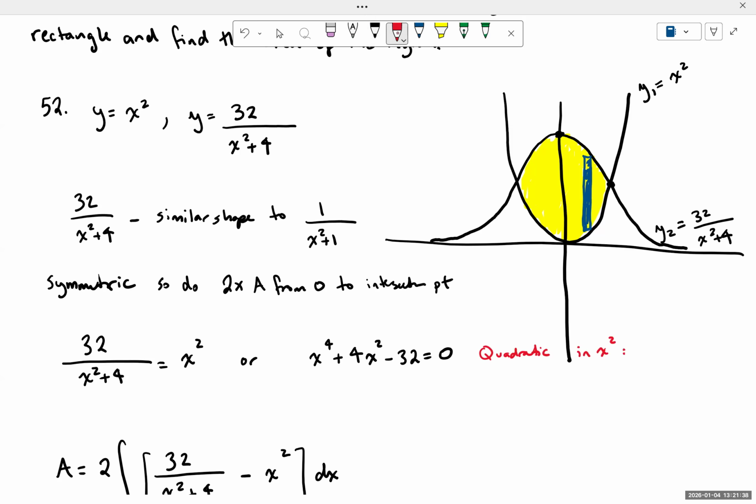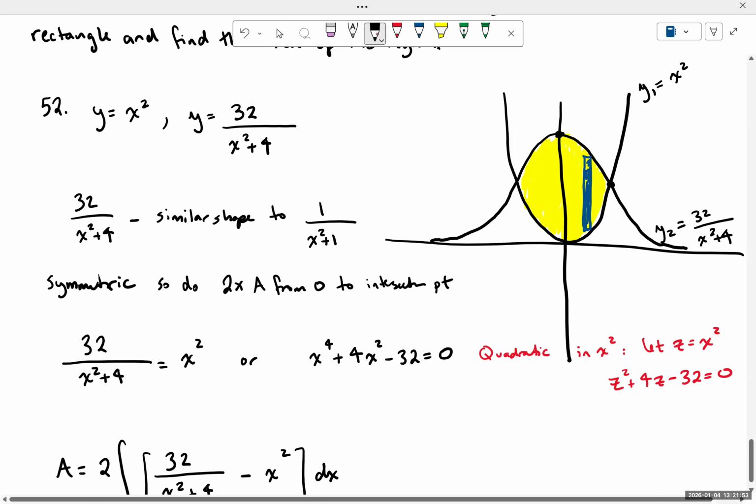Meaning if I let z equals x squared, this turns to z squared plus 4z minus 32, which we can immediately factor.